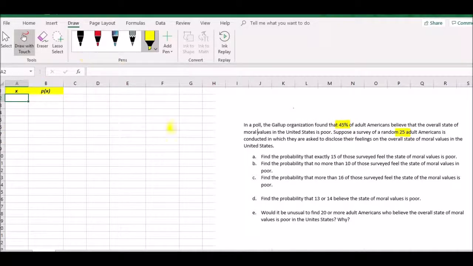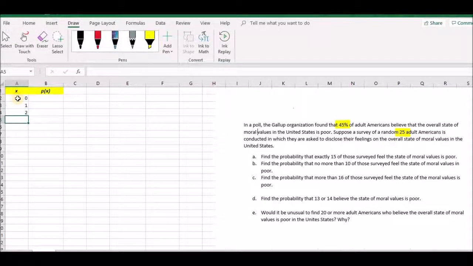So let's get started. I will start my X values from 0 because there is a possibility that none of the people surveyed will believe that the moral values in the United States are poor. And it could be 1 or 2 or all of them. So my X values are going to be from 0 to 25. I'm going to type in 0, 1, 2.